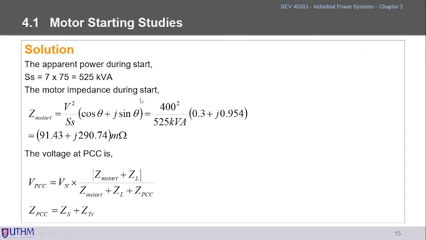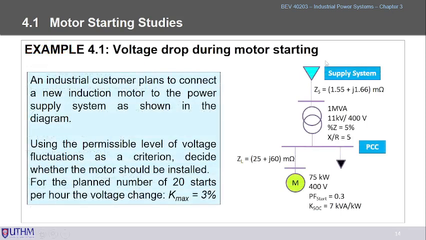And the motor impedance during starting. Okay, we analyze the motor impedance during the starting, because when you deal with the voltage drop during the motor starting, the first thing you need to find is the impedance all the way from the supply to the application. Let's say in this case the application is only the motor, so we need to find the impedance from the supply up to the motor point here.